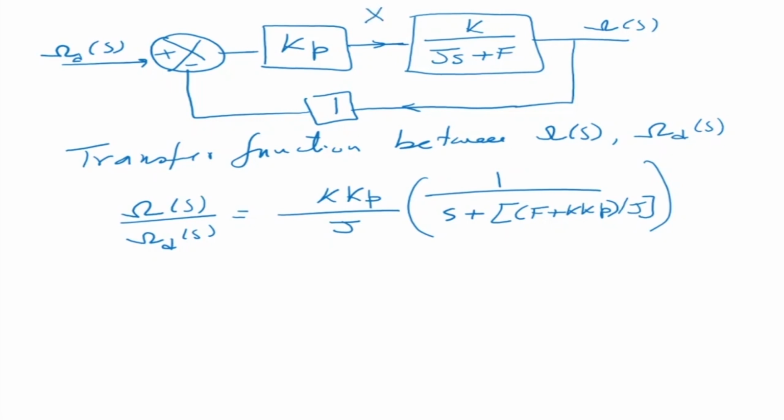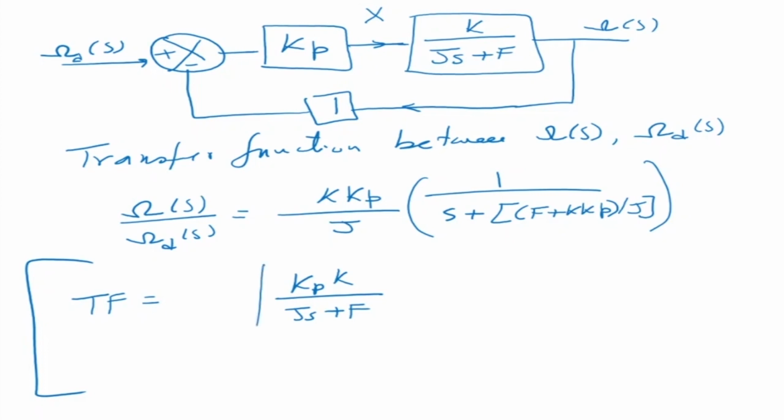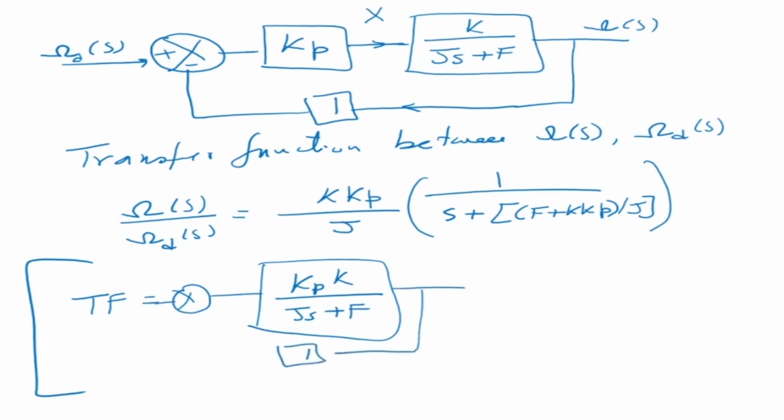So we multiply kp into k, and at the bottom we have js plus f, and then we have unity feedback on this side. So this is my reduction.